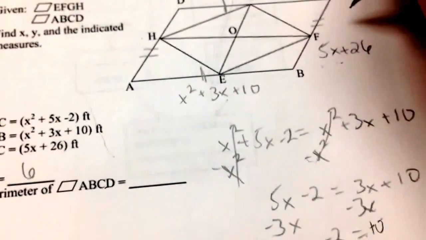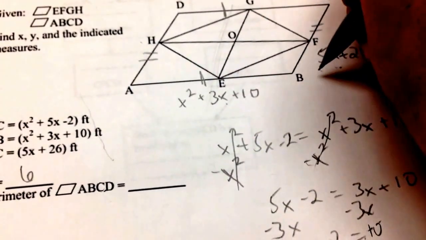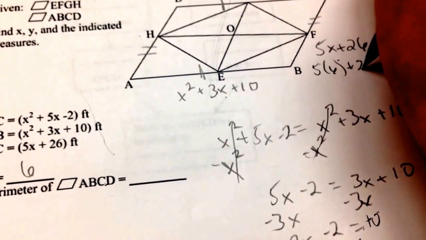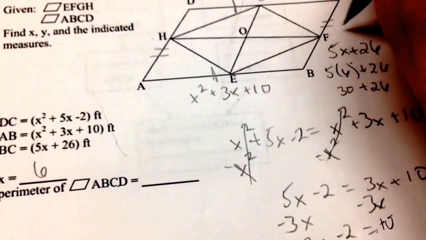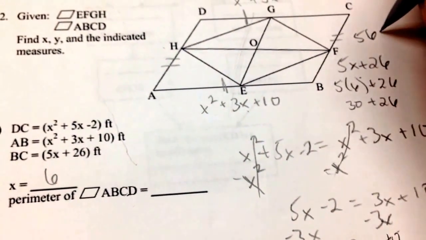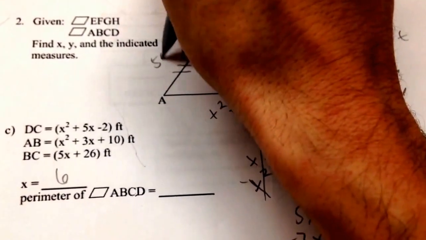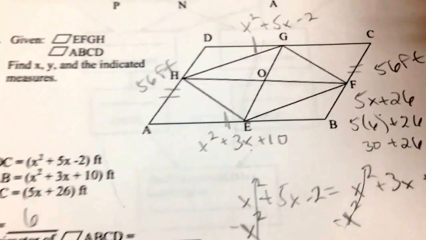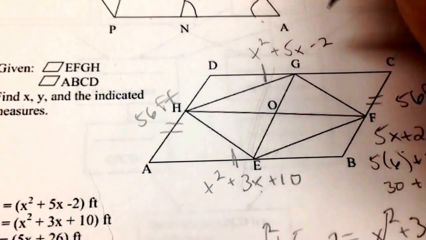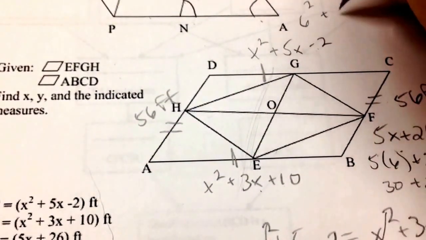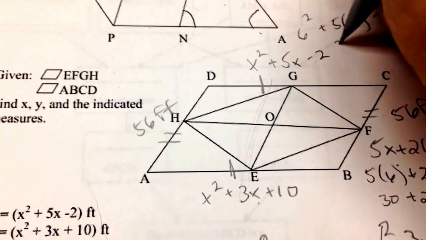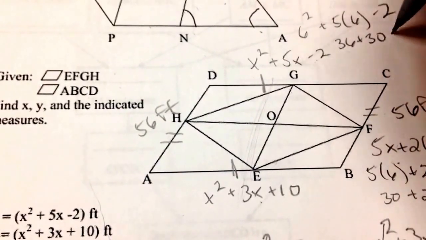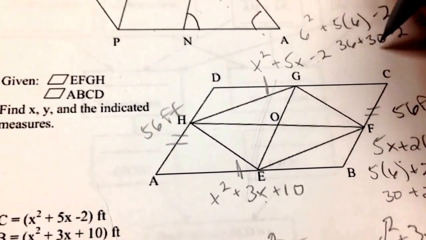If we plug in here, 5 times 6 plus 26, that's 30 plus 26, which is 56. So we know this side is 56 feet, and this side is 56 feet. Now up here we have 6 squared plus 5 times 6 minus 2, so that would be 36 plus 30 minus 2, which is 66 minus 2, which is 64.